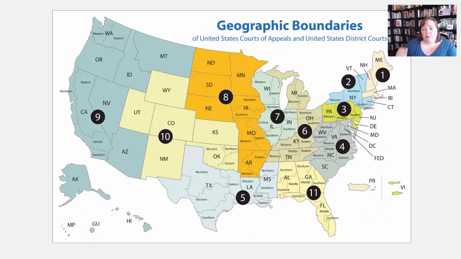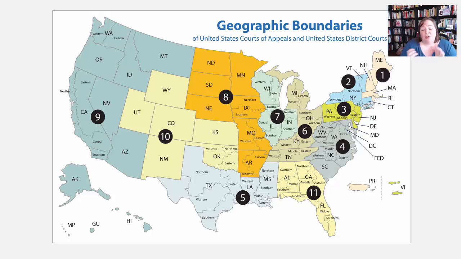Now, the courts of appeals are arranged by geographic district. You'll see in this map, there are 11 numbered districts. Plus there's also, near the East Coast, the DC Circuit and the Federal Circuit. So these are additional courts. There are 13 total. Notice that Tennessee is here in the 6th district, along with Kentucky, Ohio, and Michigan.